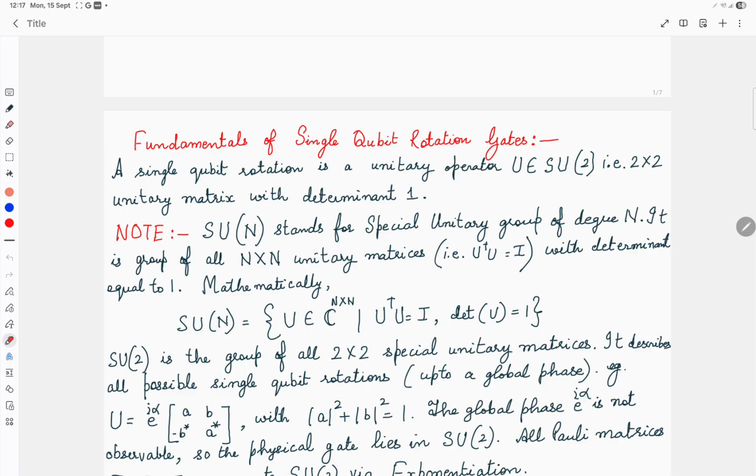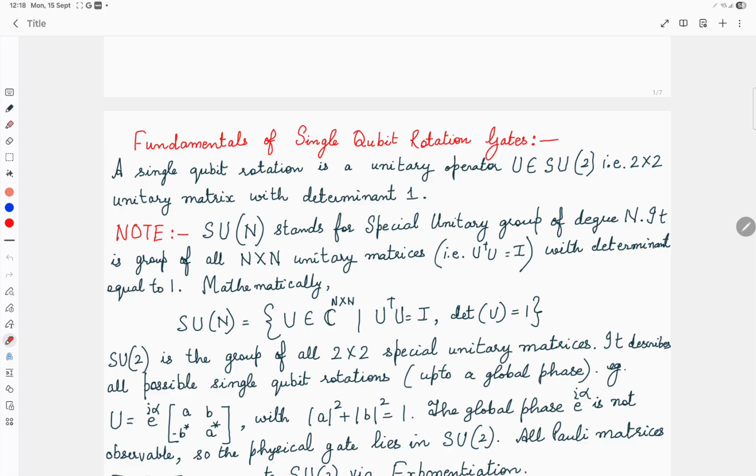So if they are unitary, the matrices will fulfill this condition, which is the adjoint of U multiplied by the matrix itself will give me the identity matrix, right? Now this is another condition which we need to understand, that all these unitary matrices will have determinant equal to 1.